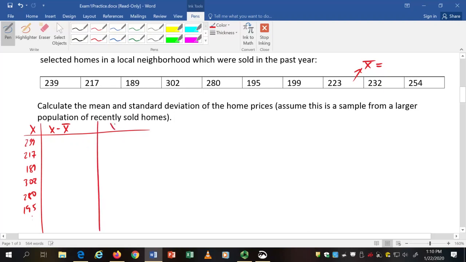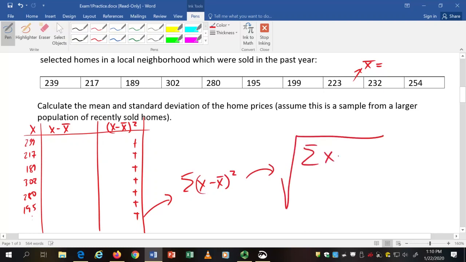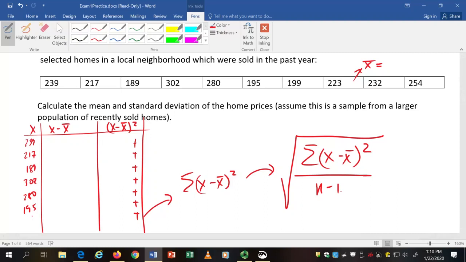So you do that column, and then you square them all, you'll get that column, and then you add up all these values, and that's the sum that then gets plugged into this formula. If you go back and look at my examples, I went through one in the lecture this way. It's pretty time consuming though, so I don't particularly recommend doing it that way, and there's a lot of room for error.